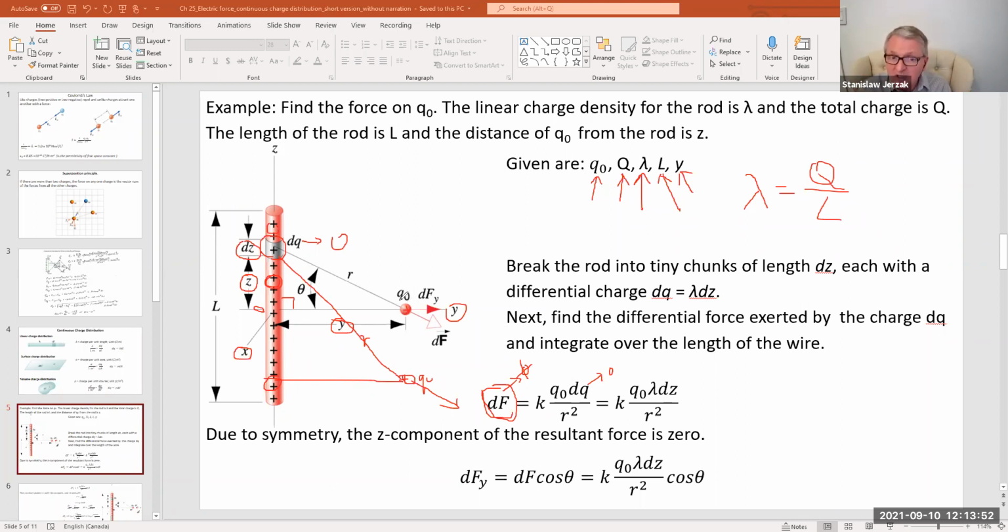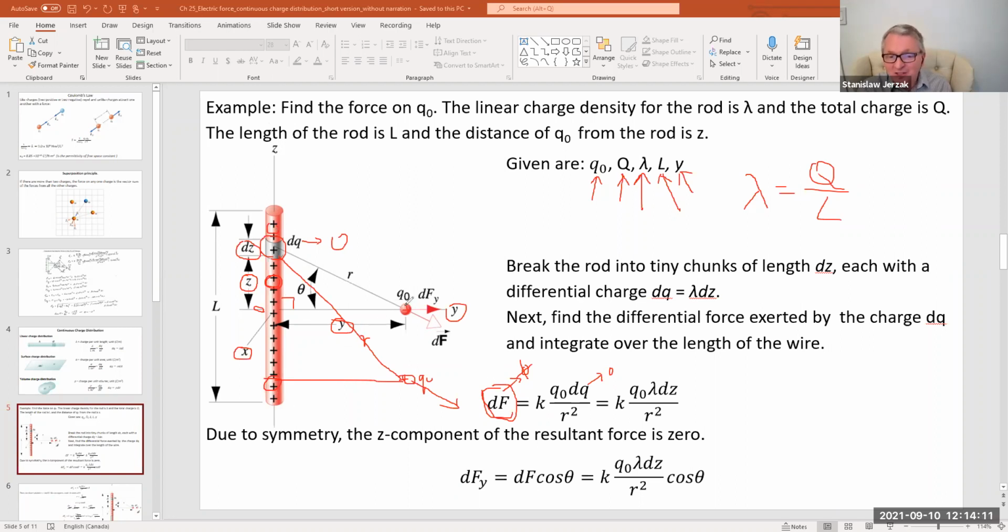I on purpose selected Q0, like in the textbook, on that perpendicular bisector, because as you will see, once we find the solution, we will generalize the solution for the case when the rod is infinitely long, and so on.